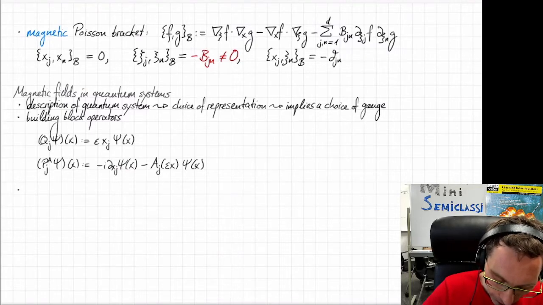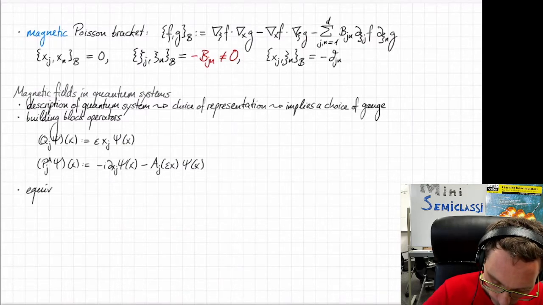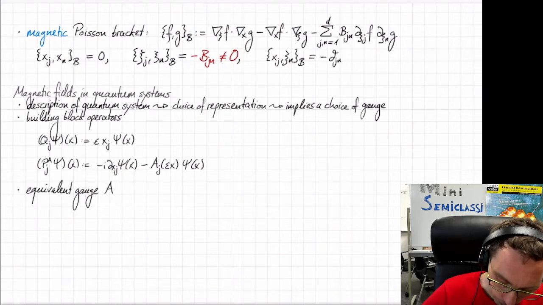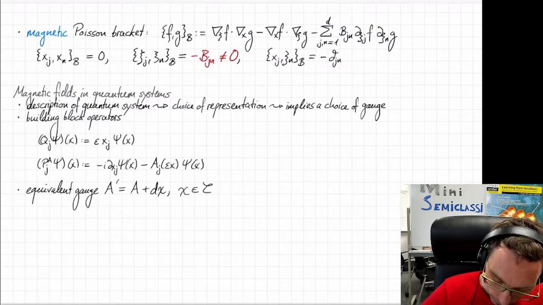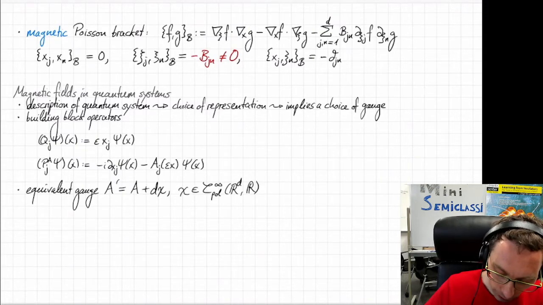So a gauge transform, or let's say an equivalent gauge, A prime, which is just A plus d chi, where chi is a zero form or a scalar function. So let's assume it's also smooth and polynomially bounded, real valued, but scalar valued.